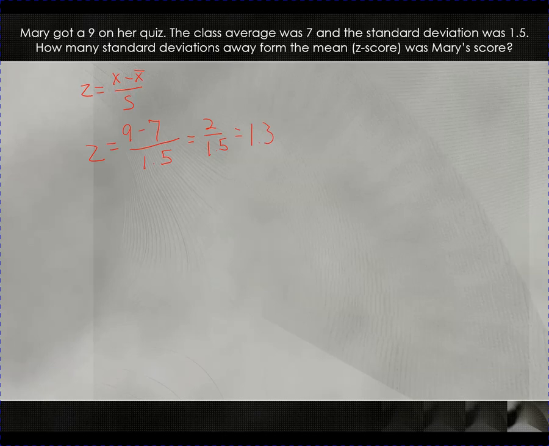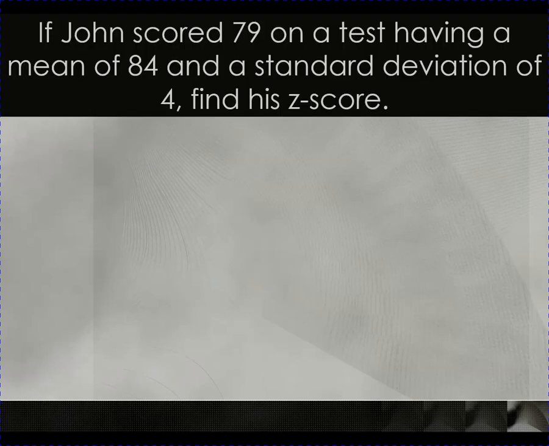Nice and simple. Next one: John scored a 79 on his test, having a mean of 84 and a standard deviation of 4. Find his Z-score. We'll do the same thing. The Z-score is equal to the individual score minus the mean divided by the standard deviation.